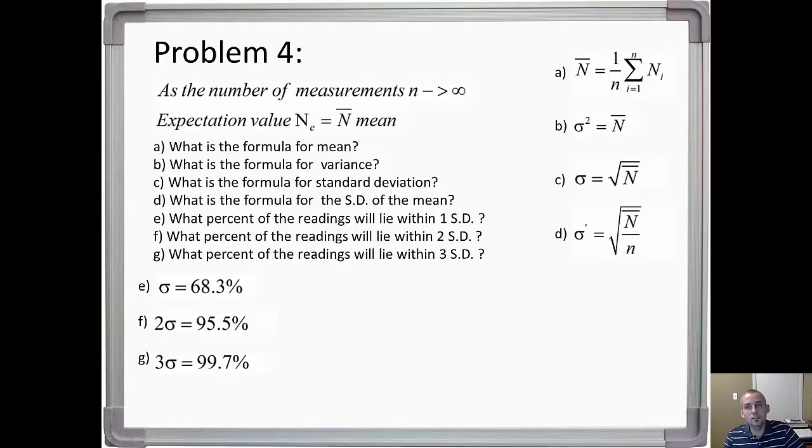So I would memorize, I don't think you have to memorize the Gaussian formula or the Poisson formula. That might be a little much. But I think, in this case, you should know these formulas. And I think the average is probably intuitive. But memorize these formulas and also memorize what percent of the readings will lie within what standard deviation. Memorize these two.